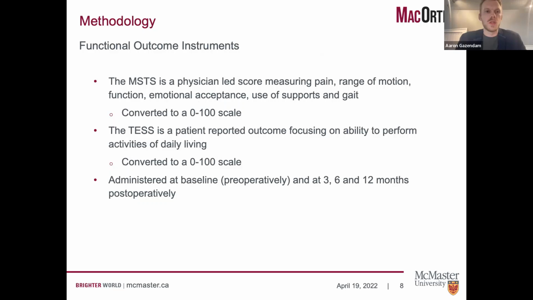Both the MSTS and TESS scores were administered preoperatively, as well as at 3, 6, and 12 months postoperatively. The MSTS is a physician-led score, and the TESS is a patient-reported outcome, both focused on patient function. They're both converted to a 0 to 100 scale, with 0 being minimal function and 100 being perfect function.